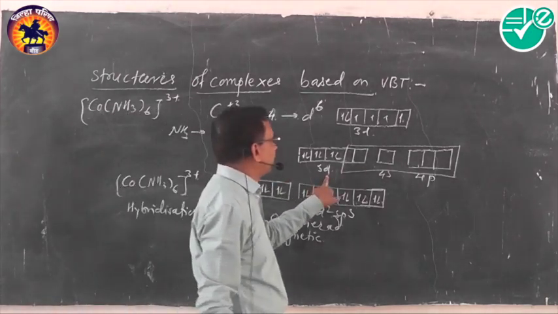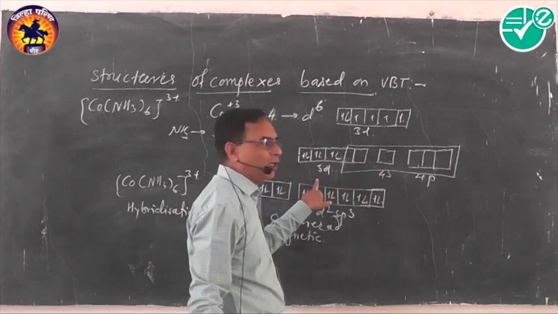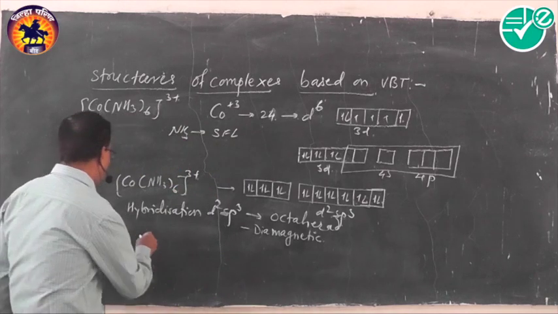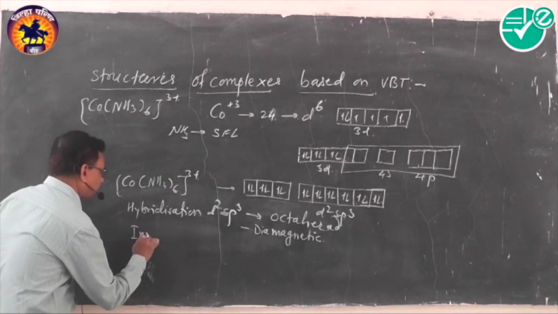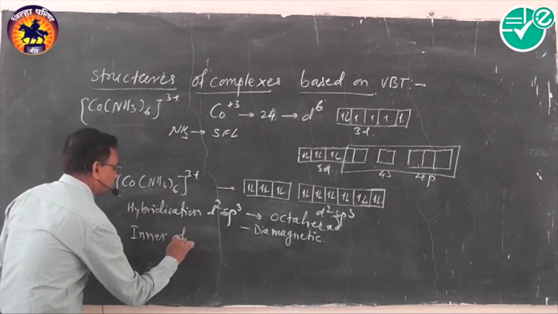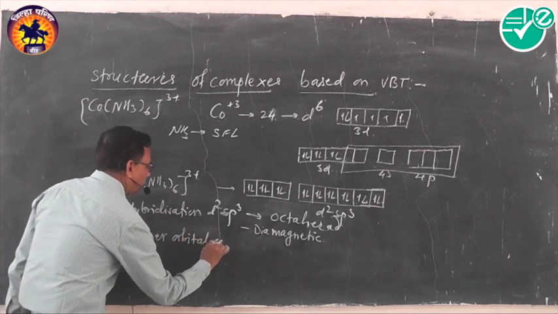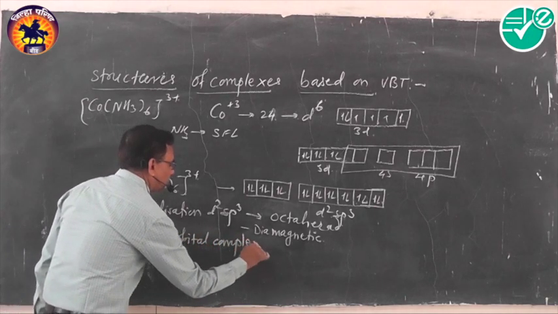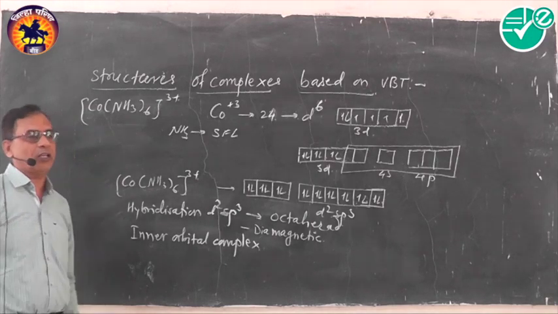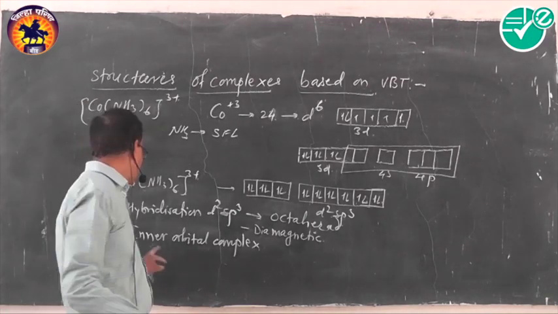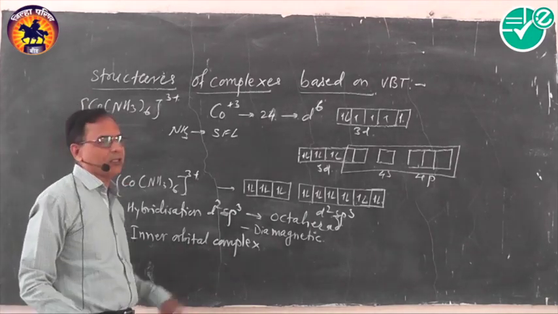Since 3d orbitals, that is inner d orbitals, are involved in the hybridization, it is known as an inner orbital complex.